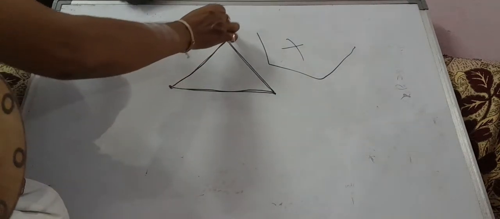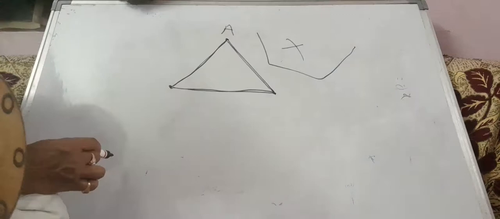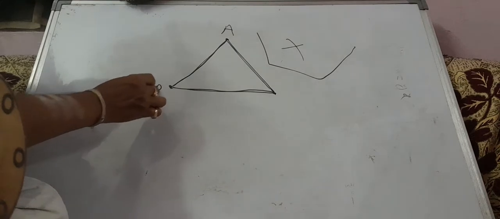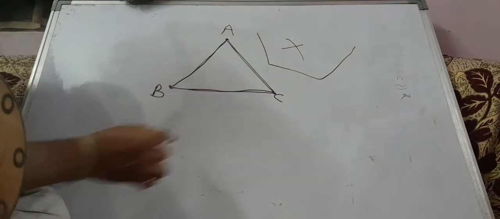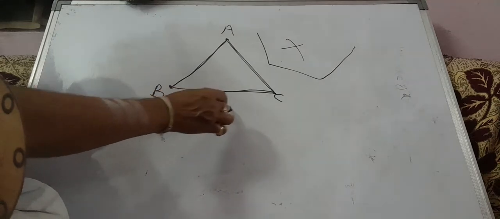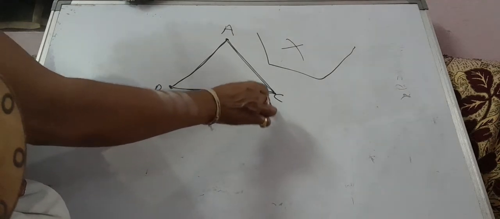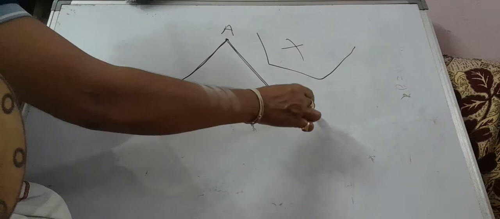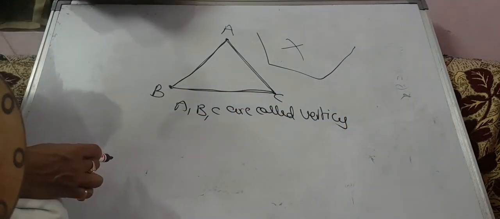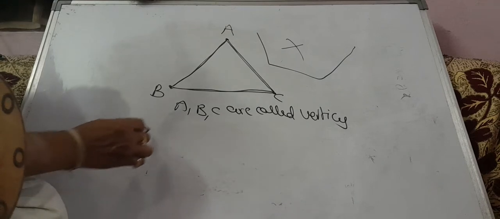We name the points with capital letters A, B, C, as we learned in our previous video. So here A, B, C are called vertices.